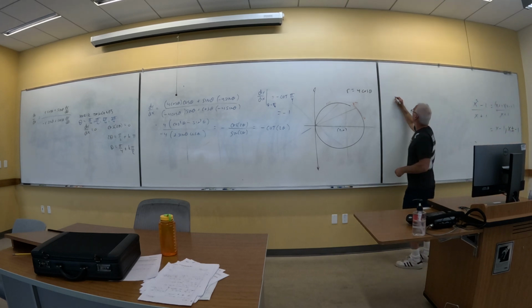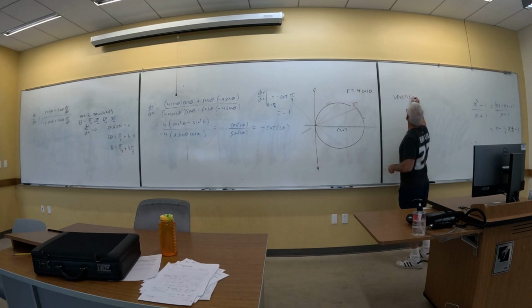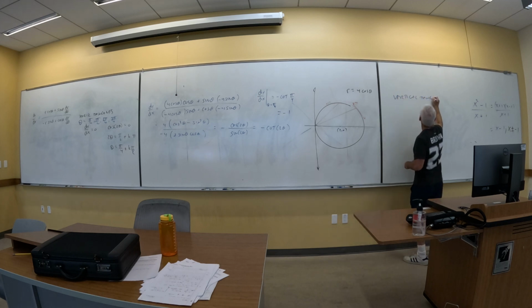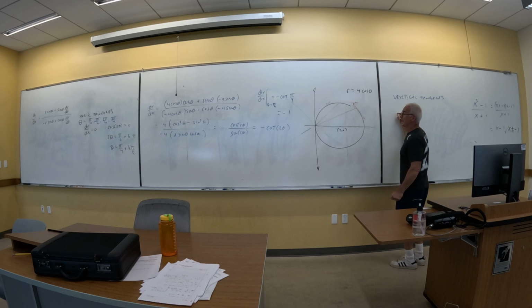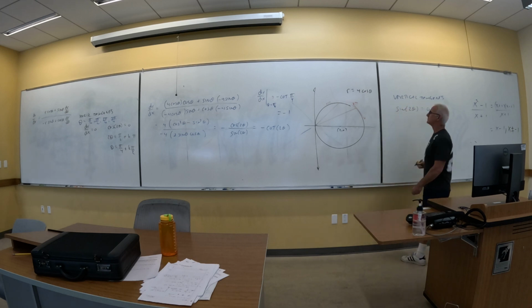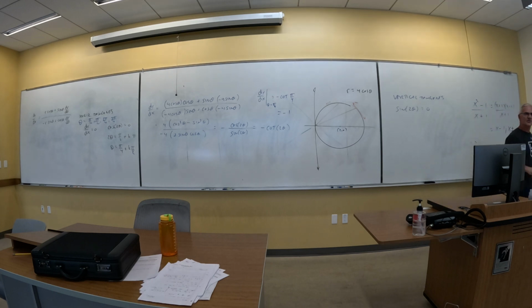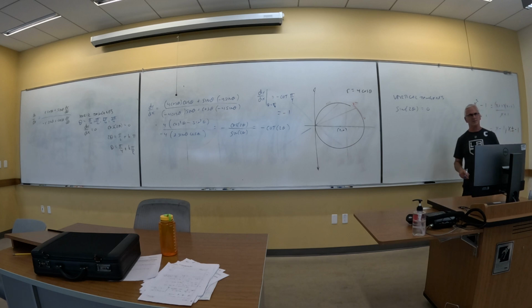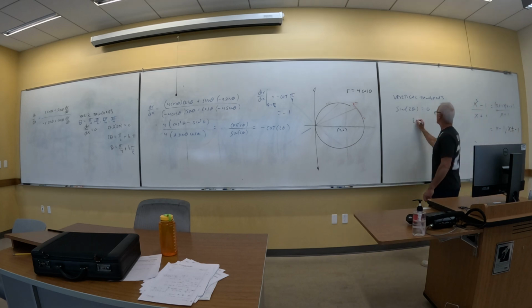So for the vertical, I now need to know where sine 2 theta is equal to 0. Well, sine is 0 at 0 and every multiple of pi, correct? Sine of pi, sine of 2 pi, sine of k pi. Every multiple of pi, sine is going to be 0. So that means that my 2 theta is going to be k pi.